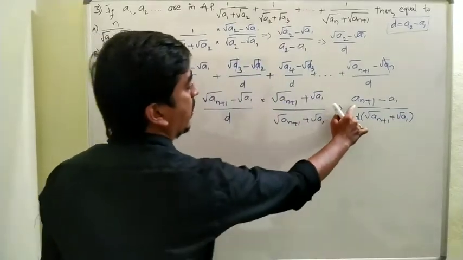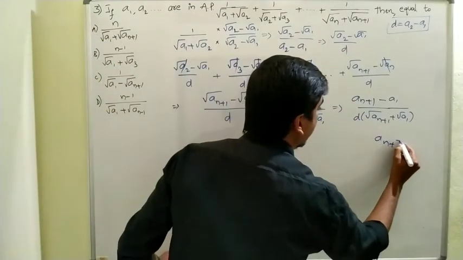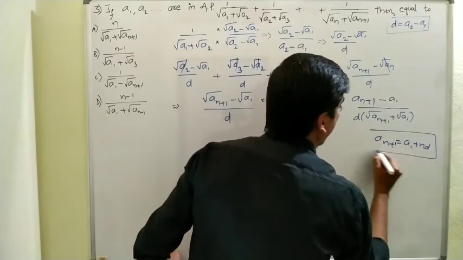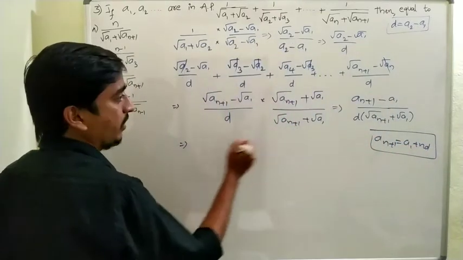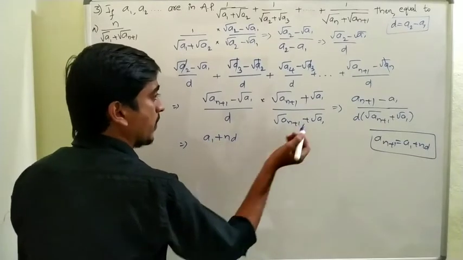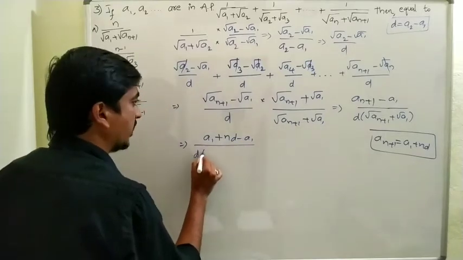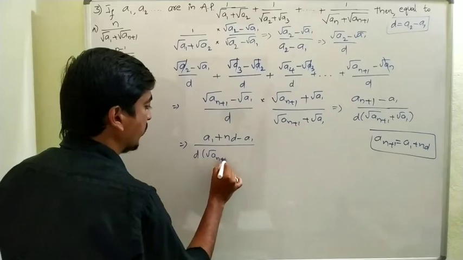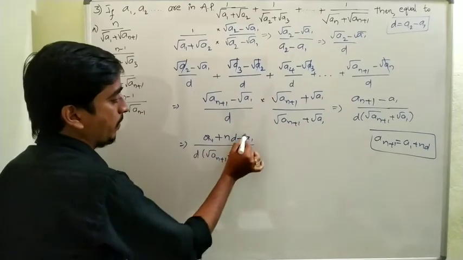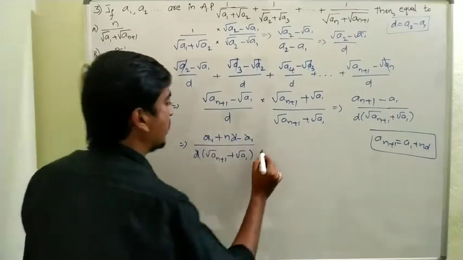Clear? Now it is the nth term, so we can write a(n+1) as a1 plus nd. By writing that we get a1 plus nd minus a1 by the denominator as it is, root a(n+1) plus under root a1. Here a1 minus a1 gets cancelled, and this d also gets cancelled.